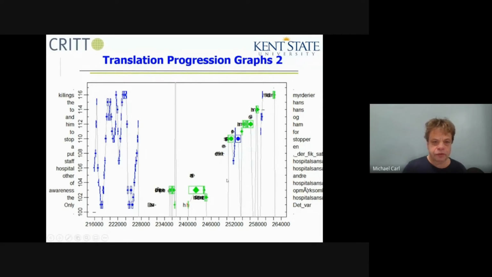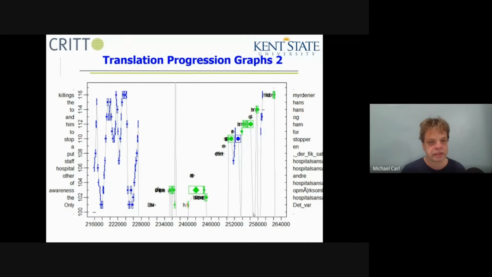But then this typing is quite fluent, and you also see this inversion here of the other hospital stuff and so on, and this quite linear word-for-word translation in this later part. So whereas some parts of the translation are similar between these different translators, other parts are quite different. All right, so we try to see. So this would be a difference in the translation process, right?